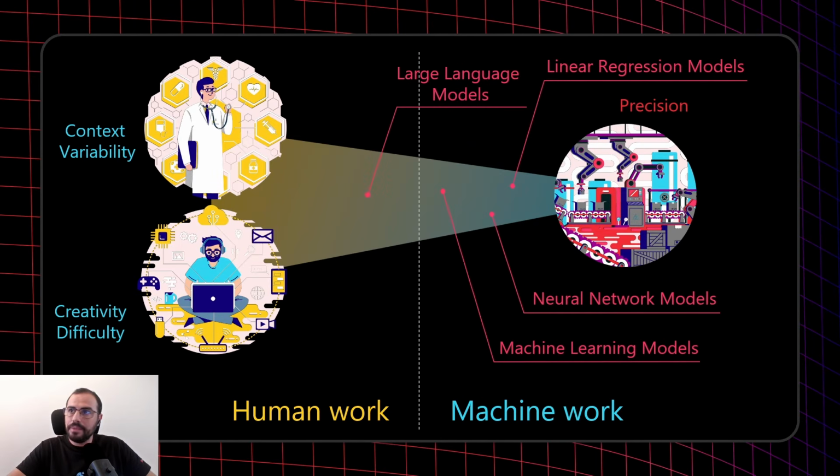And this completely shifts the way we looked before into human work and machine work. Because with large language models and the different types of models that started to appear underneath it, we start noticing that they were really useful for tasks more on the human work side. And this brought a new era to generative AI.